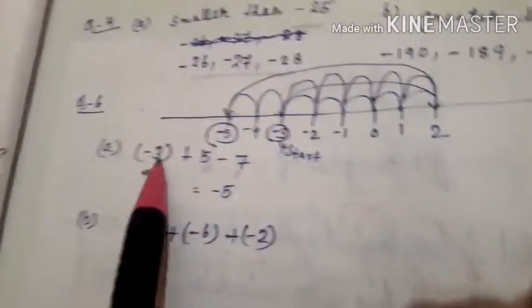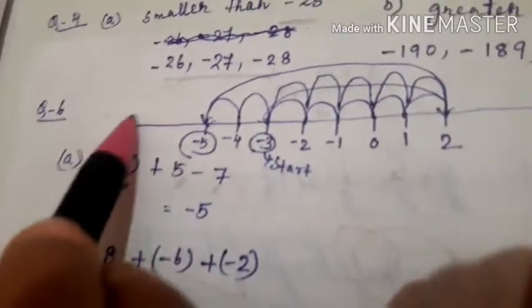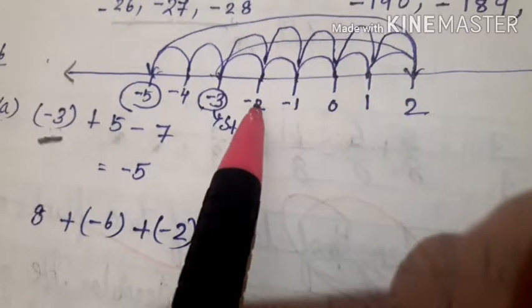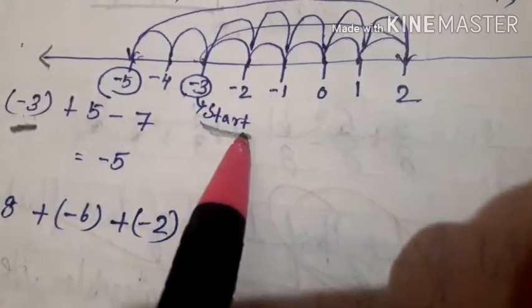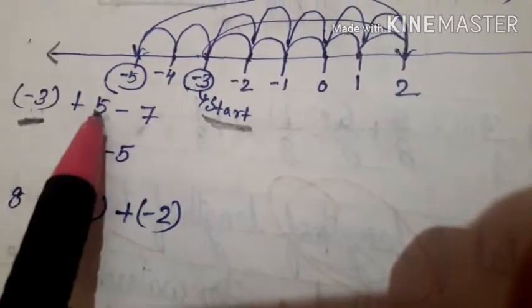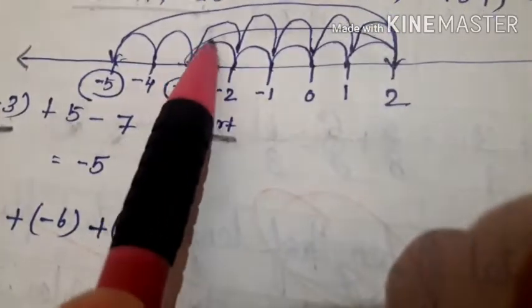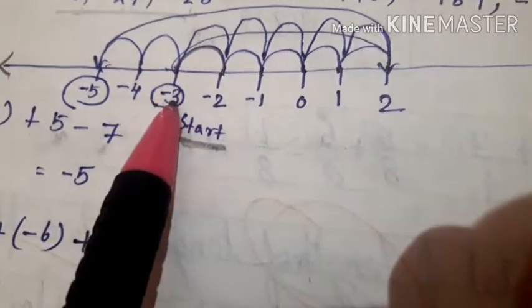Then question number 6. Find the value on the number line. See, minus 3 plus 5 minus 7. Already I have told you, when you add numbers on a number line, you first go to minus 3. You draw one number line, give an arrow mark here. Number line 0, first you start at minus 3: minus 1, minus 2, minus 3, that is the starting point. Minus 3 plus 5. Plus 5 means you have to go right side 5 steps, jump 5 steps to the right of minus 3.